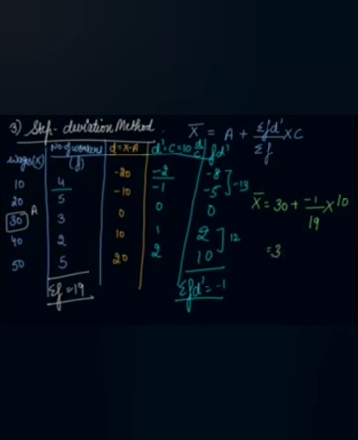So you get 30 minus 10 divided by 19, which is equal to 30 minus 0.53, which is equal to 29.47, the average wages of the worker. So this way you can find your simple arithmetic mean in case of the discrete series.